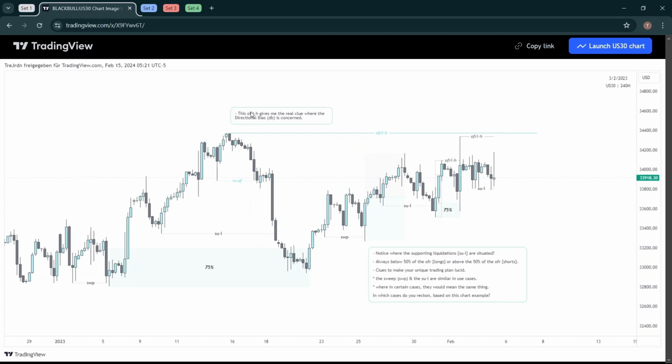We can see the range being created. How do we know the range is being created, or the range is valid? The mere fact that we have a reverse switch in order flow confirming the range high, and the supporting liquidation, which confirms the range low. So we know for certain from this point, and the sweep as well, this is something you could take into consideration also. What we can see here is the low in place and the high in place.